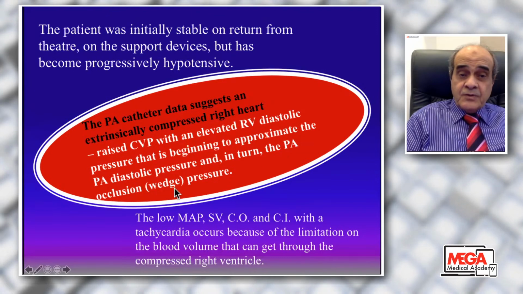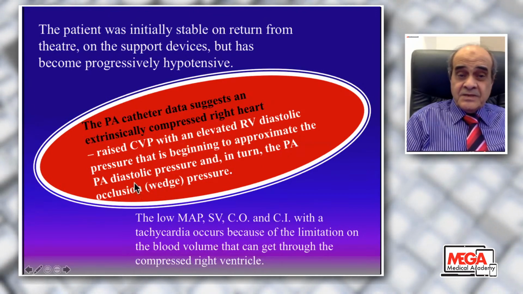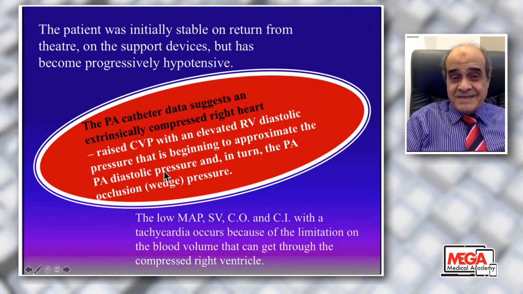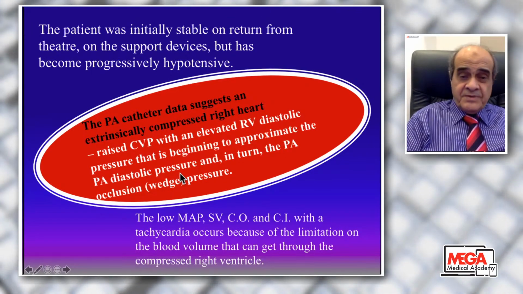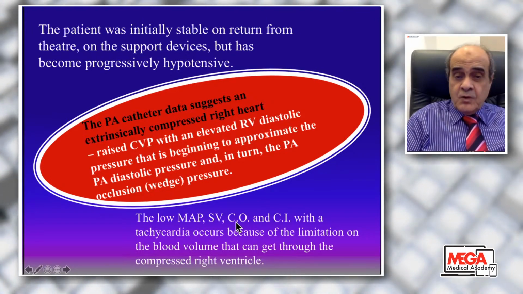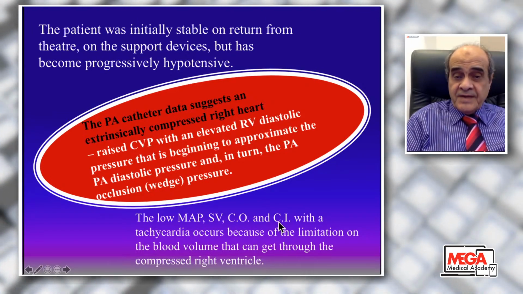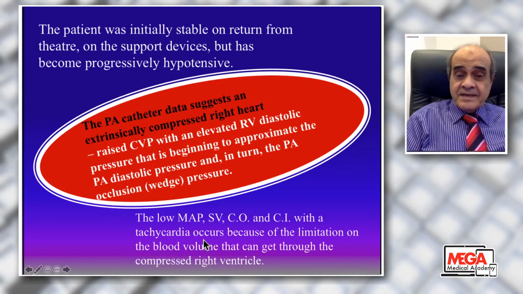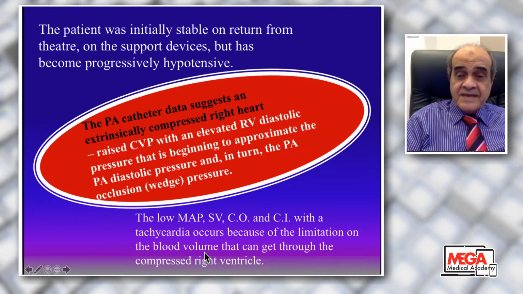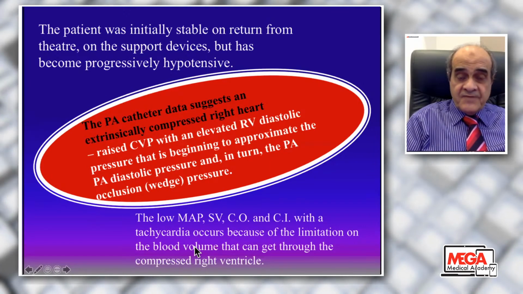In turn, the pulmonary artery occlusion pressure is nearly equal to the pulmonary artery diastolic pressure, which must be less than diastolic by about 1 to 5 millimeters. So the low mean arterial pressure, stroke volume, cardiac output and cardiac index, with tachycardia, occur because of limitation on the blood volume that can get through the compressed right ventricle.